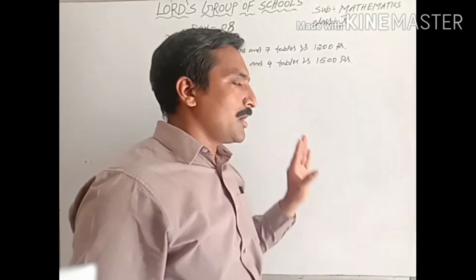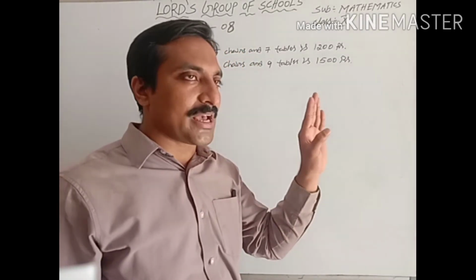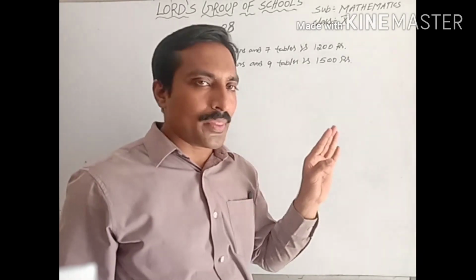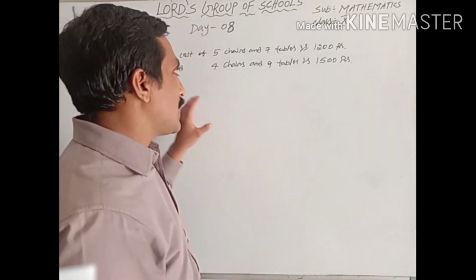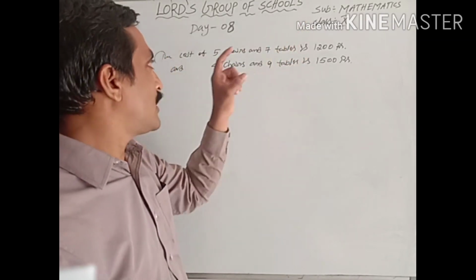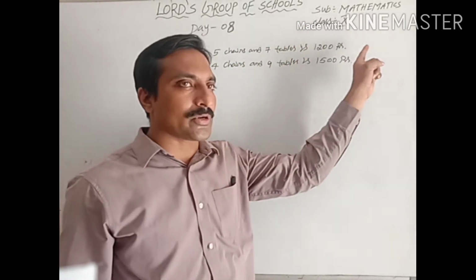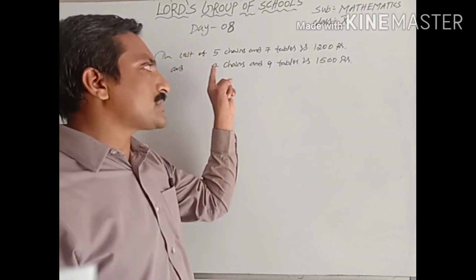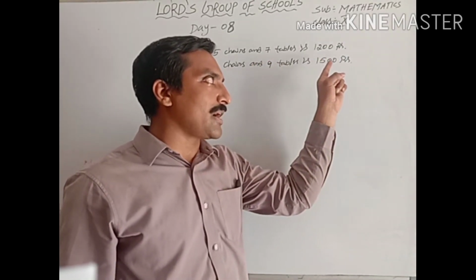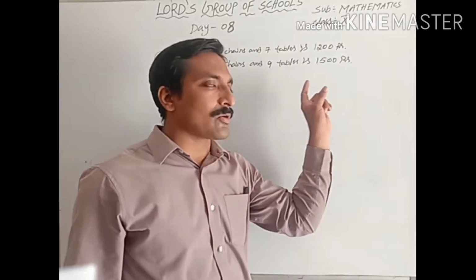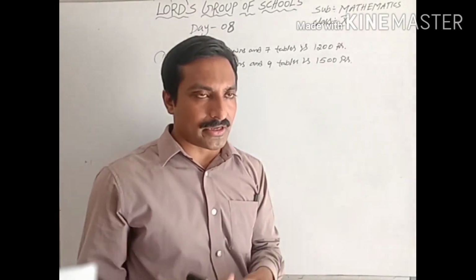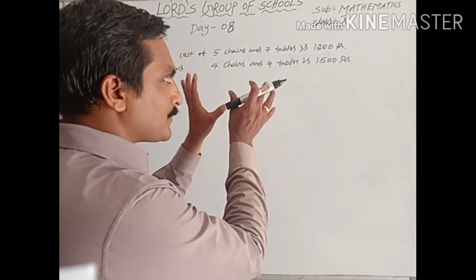He is not asking what the cost of a chair or the cost of a table is. Just he asks the question like that. Given one sentence: the cost of 5 chairs and 7 tables together is 1,200 rupees, and 4 chairs and 9 tables cost 1,500 rupees. Then you have to prepare the pair of linear equations. That time you first have to identify what objects are present.